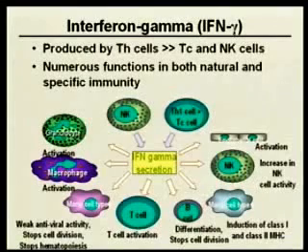So it can be produced by NK cells, Th1 cells, as well as cytotoxic T cells, and then activates a number of different cells. Primarily, these responses are Th1 responses. So that's the main thing I really want you to know about the interferon gamma. You don't need to know exactly everything that's being activated by the interferon gamma. Just know it's primarily produced by Th1 cells, and it helps to activate the Th1 response.